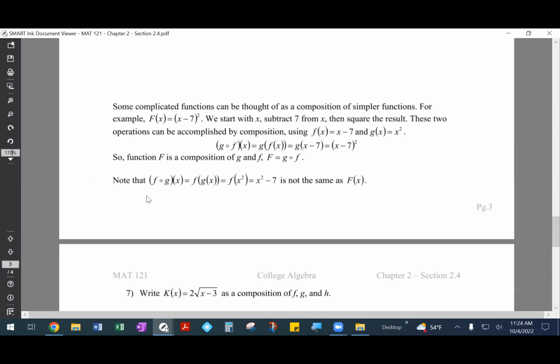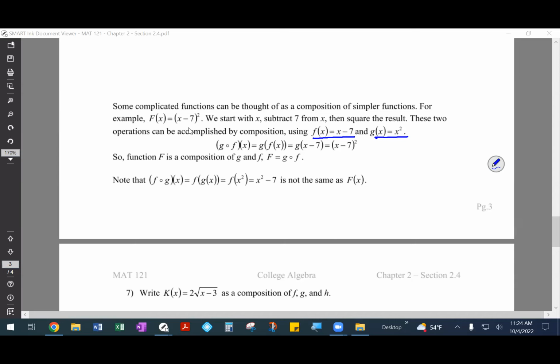We would start by substituting x. The first thing we would do is subtraction, right? We would solve inside the parentheses first, and then we would do the square outside. So the idea is the function can be broken down into two operations. You have the subtraction that's happening, so that's the x minus 7, and then you have the square that's happening on the outside. So you can actually break it down into two simple functions.